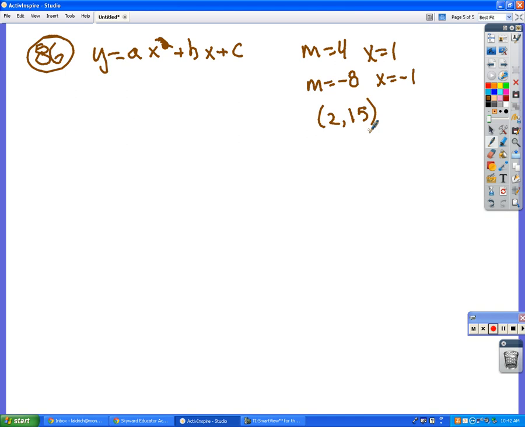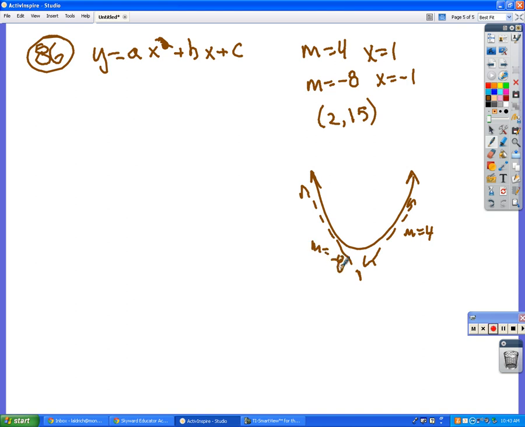Okay. So here's what we've got going. We have the general form of a quadratic, y equals ax squared plus bx plus c. And we want to figure out the values of a and b and c so that at the point where x is 1 on our parabola, the slope of the tangent line is 4. And at the point x equals negative 1 on our parabola, the slope of the tangent line is negative 8.